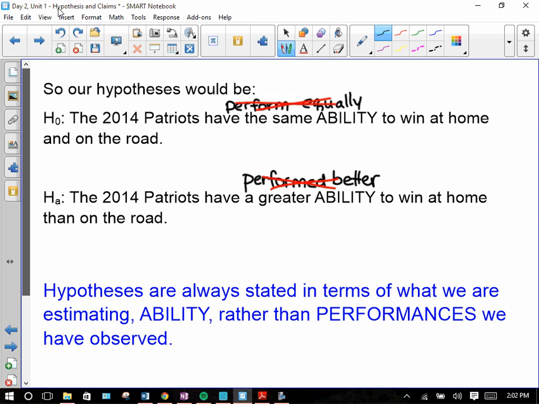What about this? If I do this real quick. What's wrong with that? Why would this not be correct?